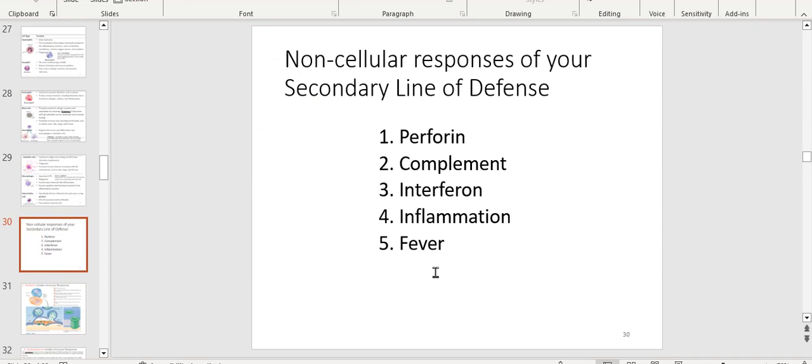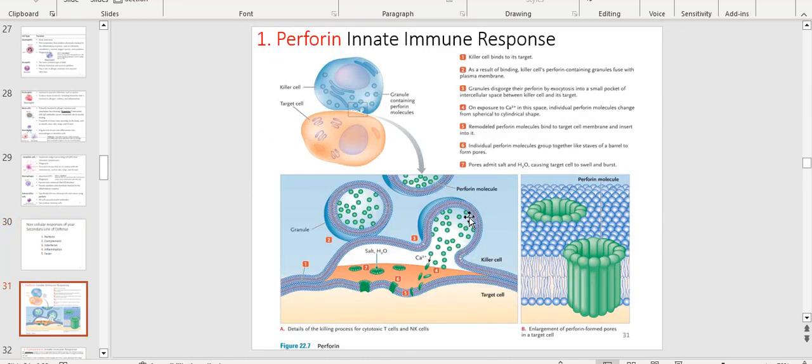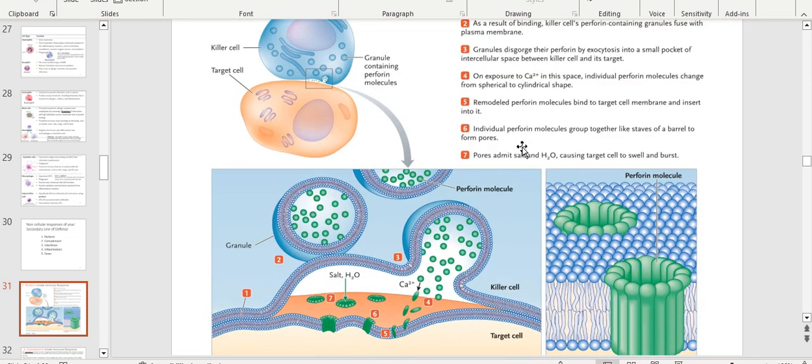Non-cellular responses of the secondary line of defense: perforin, complement proteins, interferon, inflammation, and fever. Perforin. Here we're dealing with the innate immune response. And you'll see what's going on here. There are your steps 1 through 7.